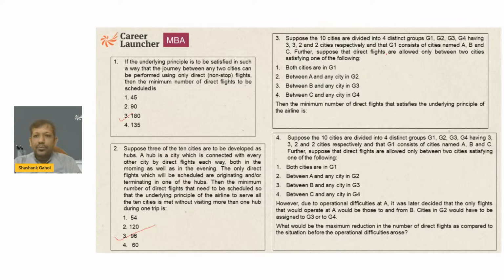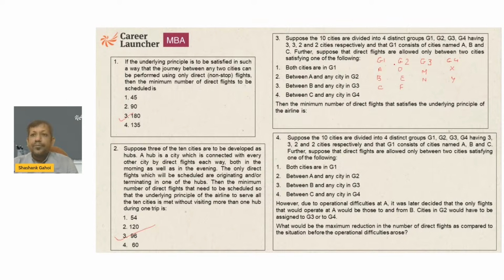So, I got G1, and G1 has ABC. Then I got G2. G2 got 3 cities. Let's say DEF. I got G3 and G4, and M and N and X and Y. These are the number of cities I'm getting.